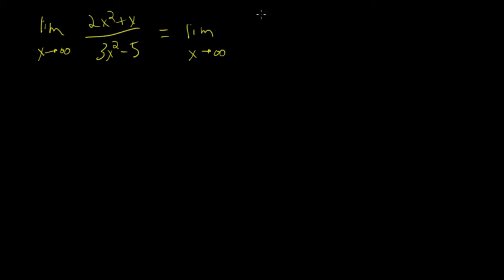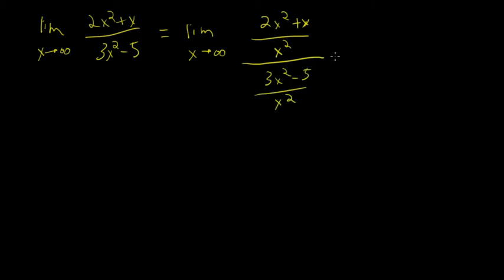So the numerator 2x squared plus x, we're going to divide it by x squared. Then the denominator 3x squared minus 5, we're also going to divide that by x squared.